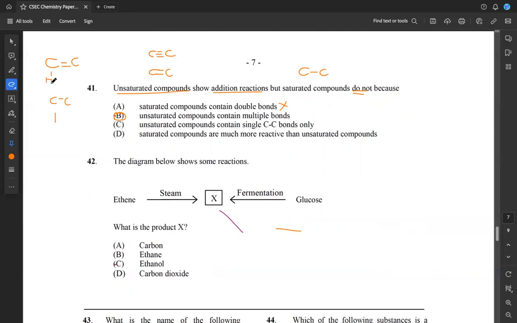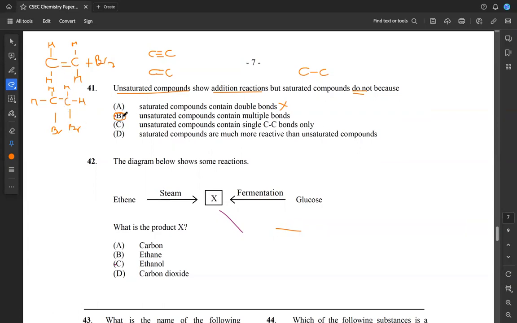So if I had C2H4 as my original compound, and I reacted this with the bromine, I would just add the bromine across the carbon-carbon double bond, and I'd end up with my H's there from before, and I would just add a bromine here and add a bromine here, and of course I'll still have my H's from before. So this particular property of them having multiple bonds is why we're able to do addition reactions with them, so we can add something across the double bond readily, okay?